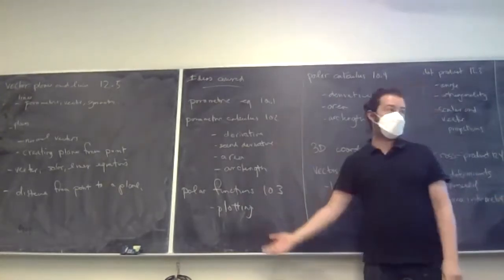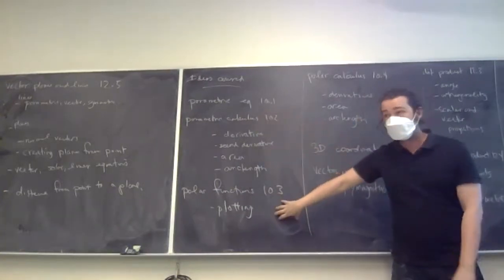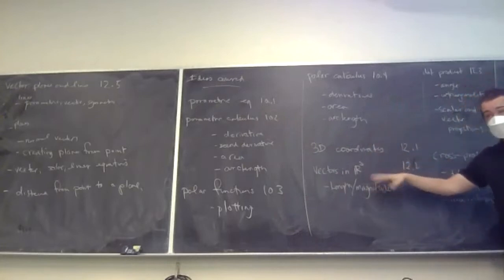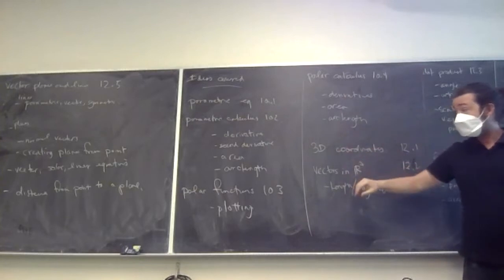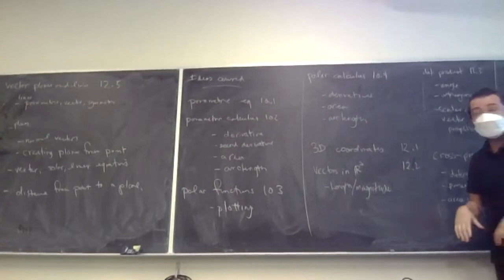I'm going to cover something from parametric land, stuff from polar land, and stuff from the 3D stuff that we started doing, like vector stuff with dot products and cross products and lines and planes. You shouldn't think of 2 areas, you should think of 3 areas: a polar area, a parametric area, and a vector area, that I'm probably going to have to give about equal time to all 3 pieces.